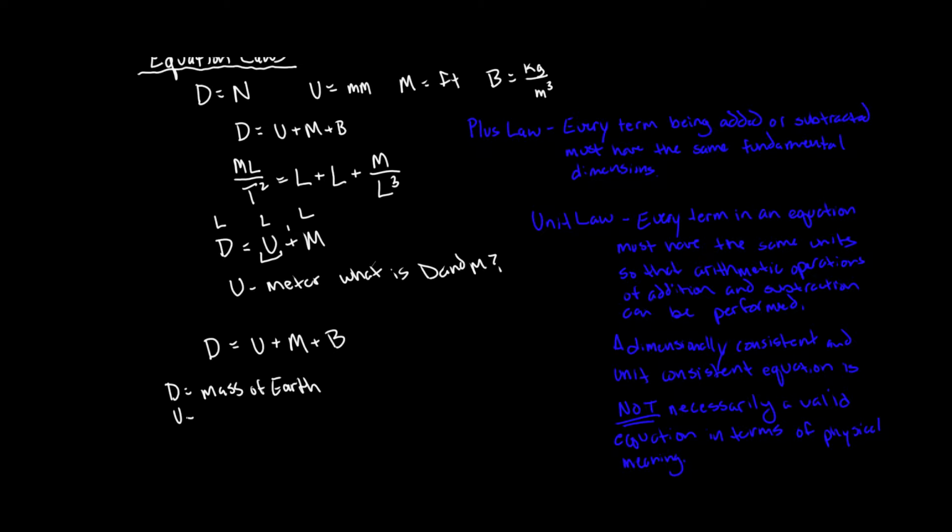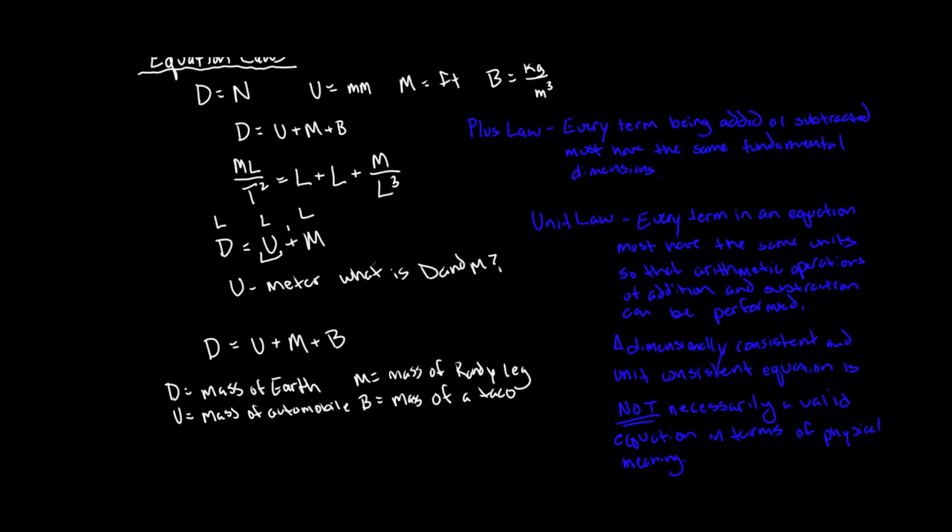Let's say that U is equal to the mass of an automobile, not any specific one, just an automobile. And let's say that M is equal to the mass of Randy's leg, which is very close to the mass of the Earth, I'm assuming, but we're not going to get into that. And B, what could B be? Let's say B is the mass of a taco.